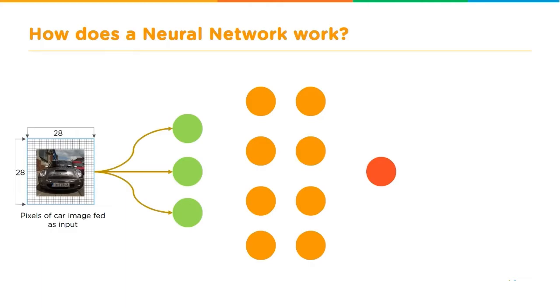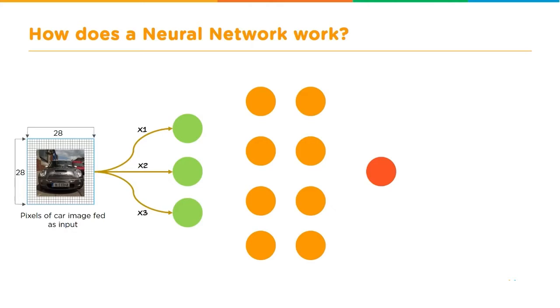The key is that if you're using 28 by 28 and you get a picture that's 30 by 30, shrink the 30 by 30 down to fit the 28 by 28. You can't increase the number of inputs, in this case green dots. It's very important to remember when you work on neural networks. Let's name the inputs x1, x2, x3 respectively.